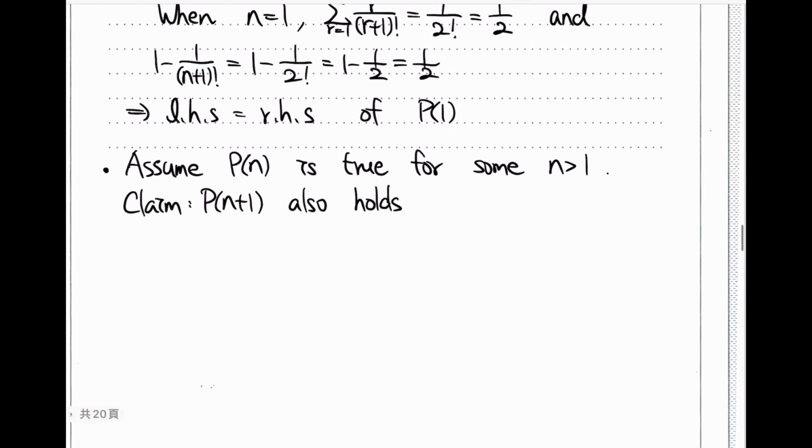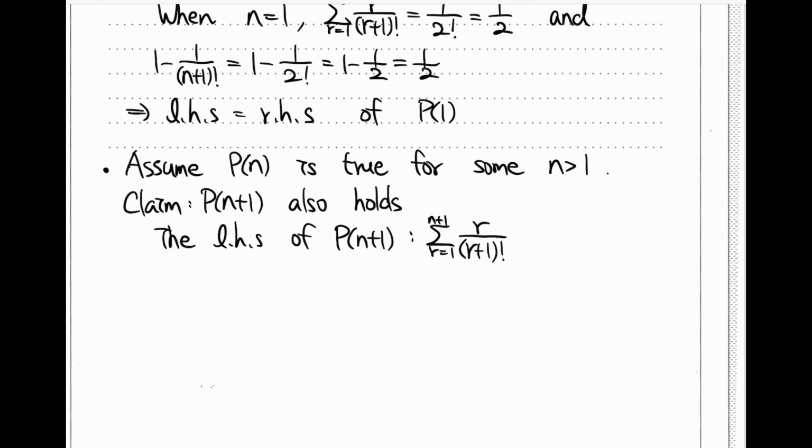So let's look at the left-hand side of P of n plus 1. The left-hand side of P of n plus 1 is the summation r from 1 to n plus 1 of r over (r plus 1) factorial.